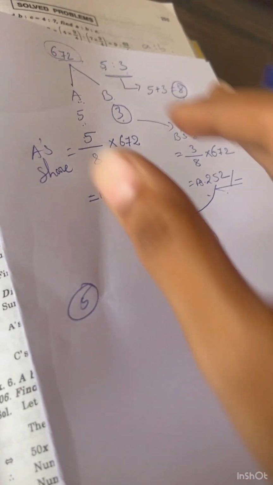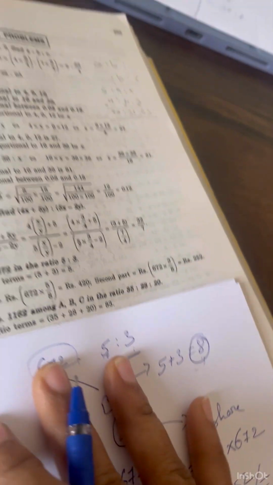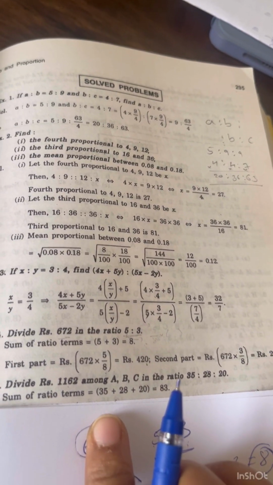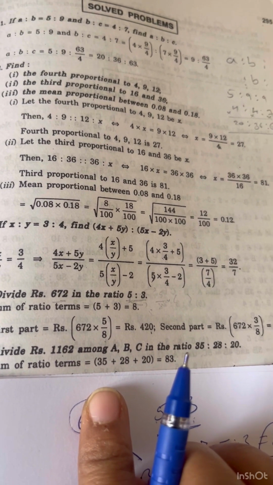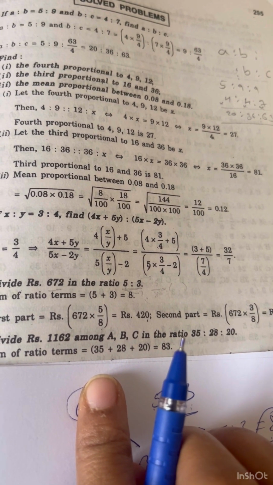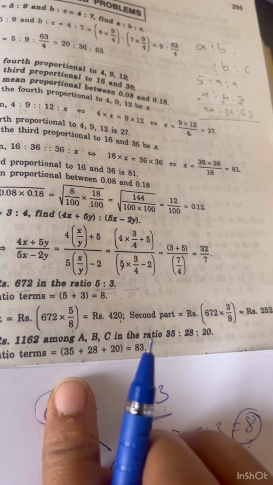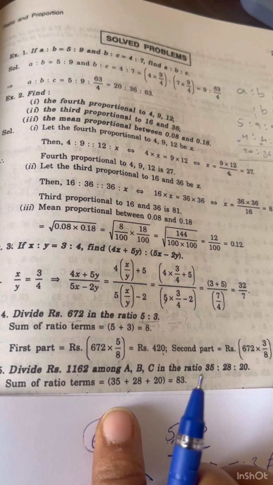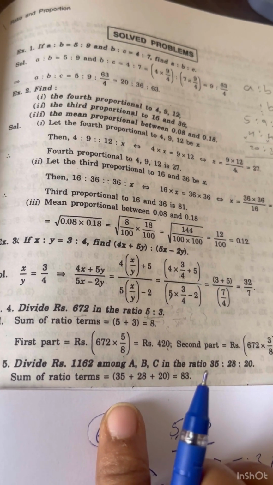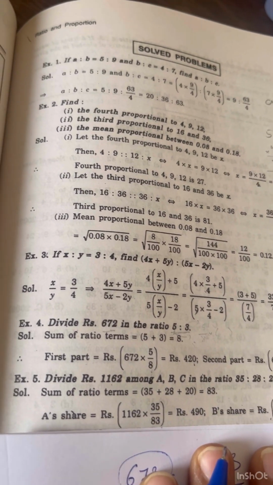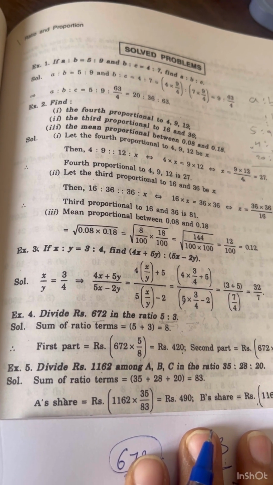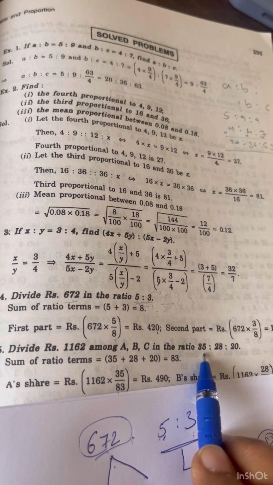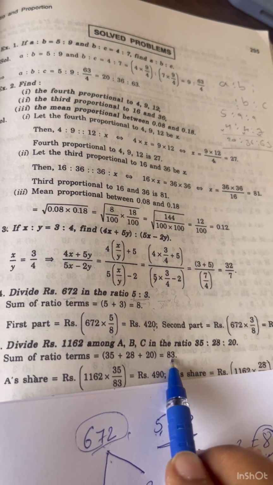It is also easy because this is also similar to the fourth one only. So here divide some amount, 1162, among A, B, C in the given ratio 35 is to 28 is to 20. So first add the sum of ratios and that is 83, and then second, A's share is the total amount into what is the A part here, 35, so 35 divided by total parts.